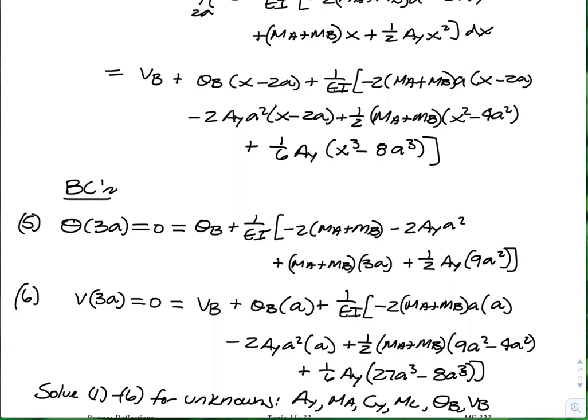The problem here goes all the way back to the beginning. The problem is statically indeterminate. In order to find our reactions, we're going to rely on equilibrium. Well, equilibrium gave us only 2 equations, and we had 4 unknown reactions. We had to pull in at least 2 more equations.